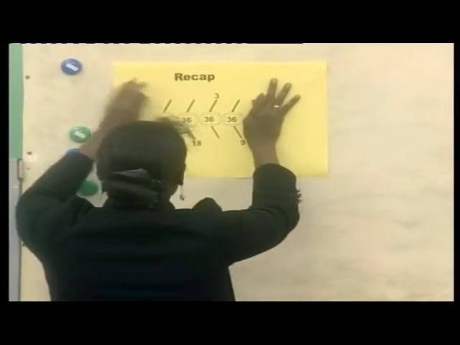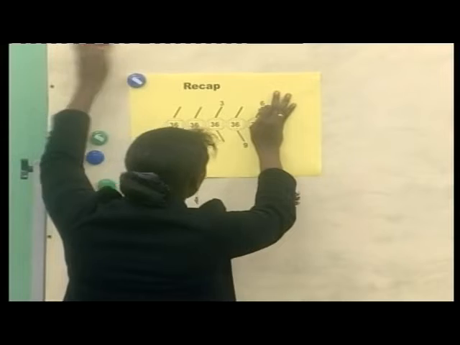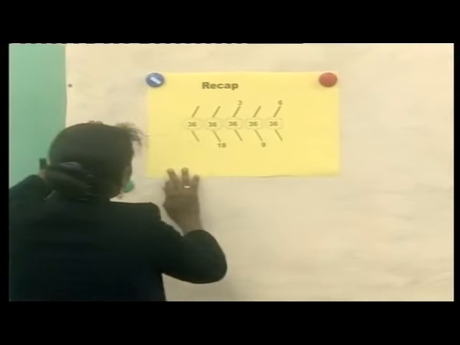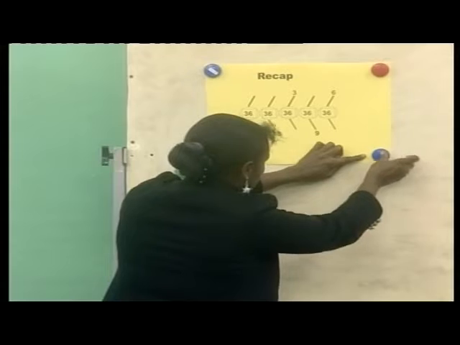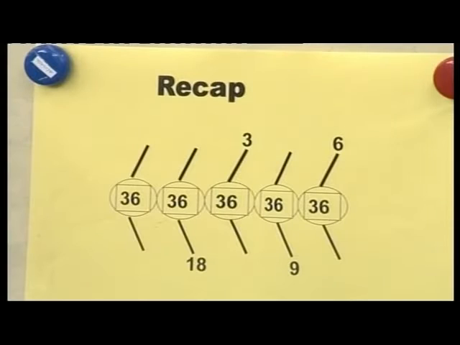So what I'd like us to do is fill in the missing factors of 36. Okay, we have 36 and we also have 18. So these are the two numbers in the fraction 18 over 36.